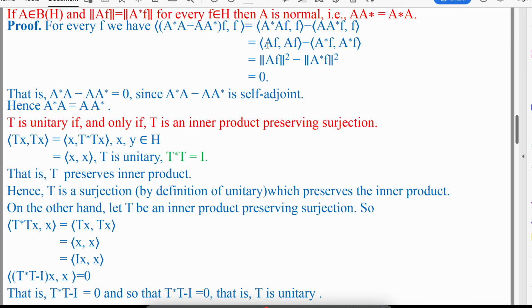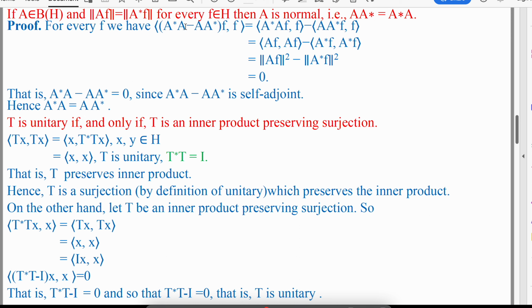So by definition, inner product of AF with AF is equal to norm AF square, and inner product of A star F with A star F is norm A star F square. But it is given that norm AF is equal to norm A star F. So this is 0. So we have shown that inner product of (A star A minus A A star)F with F is equal to 0.